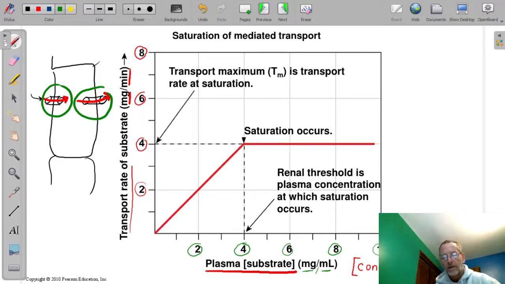Okay, so now what the graph shows is reabsorption. Transport is reabsorption, because we're transporting it across the membrane.